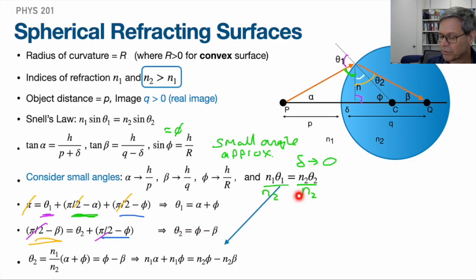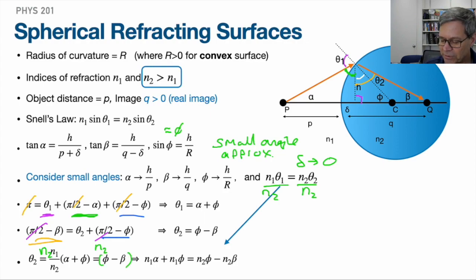But theta 2 is also equal to n1 over n2 times theta 1, where theta 1 is alpha plus phi, and that's the left side. So I have this relationship here. Well, what can I do? I can multiply both sides by index of refraction n2. I'll put some parentheses around it to make it cleaner.